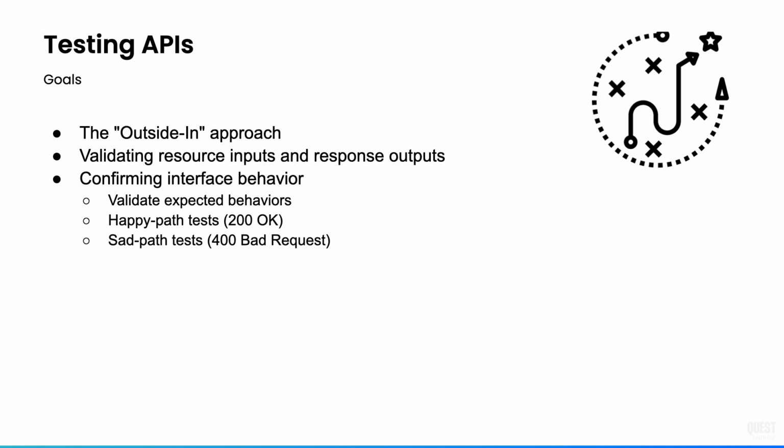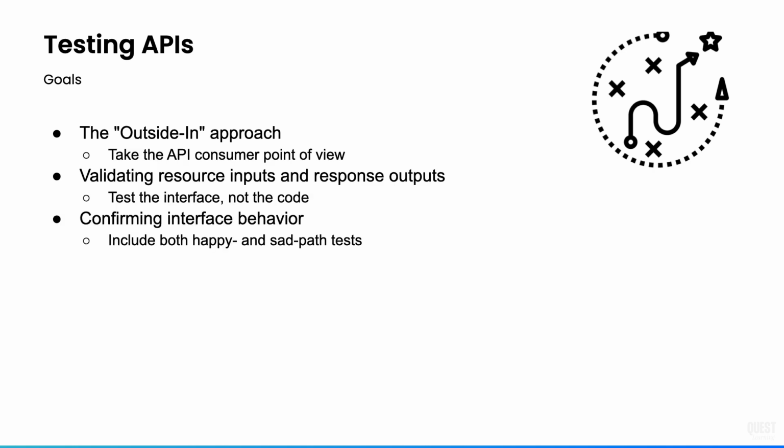So both happy path tests, 200 OK, and sad path tests, 400 bad request is usually the case. So we want to take an outside-in approach for the consumer's view. We want to validate the interface, not the code, and we're going to include both happy and sad path testing.